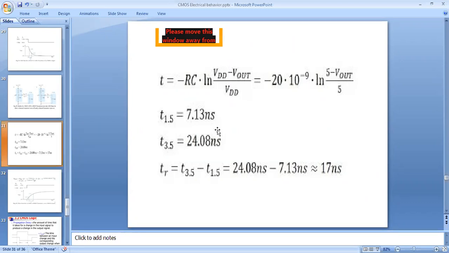By knowing these two values, we calculate the rise time TR. TR is nothing but T3.5 minus T1.5, which is approximately 17 nanoseconds.